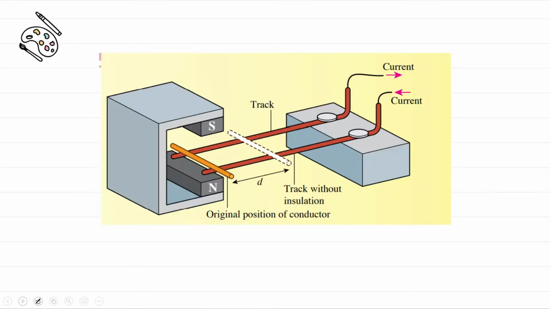Ada juga eksperimen yang measure jarak antara jauh tak this conductor boleh pergi. So conductor ni dia akan bergerak. Kenapa dia bergerak? Sebab kita dah sembang tadi ada force yang akan produce when kita ada current flow. Contohlah current flow ke sana. Okay, so using awak punya left hand rule, kita nampak force akan produce ke sana.